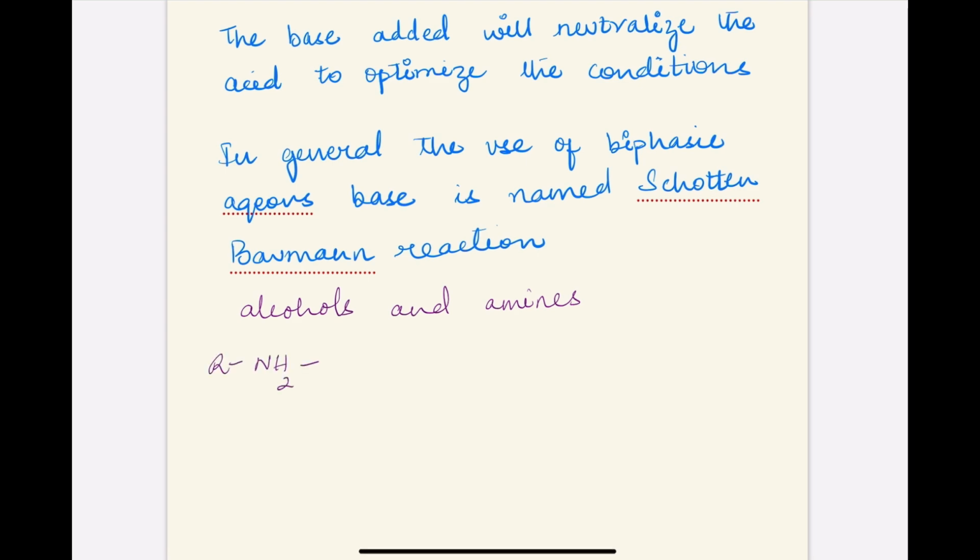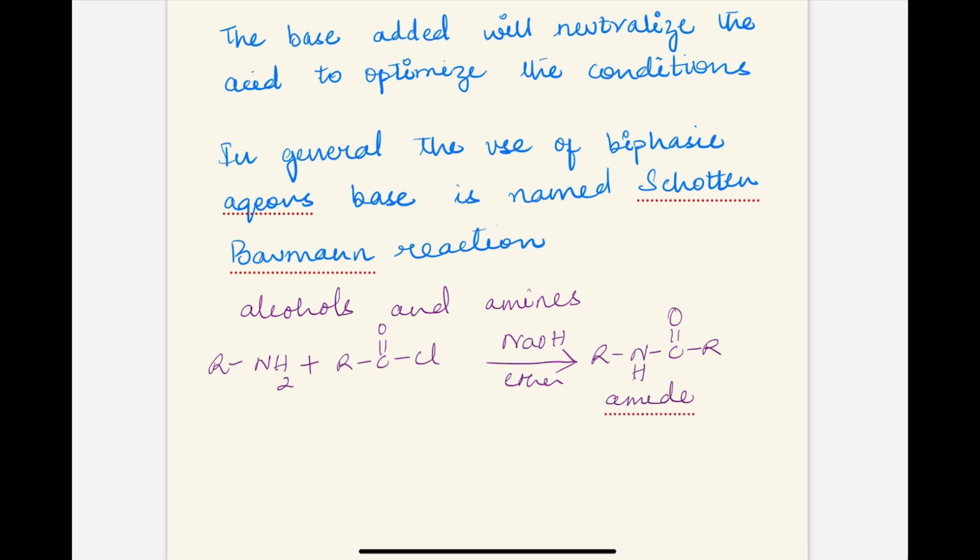This is an amine, and if it reacts with the acid chloride with sodium hydroxide and solvent ether, then we are going to get the amide as the product.